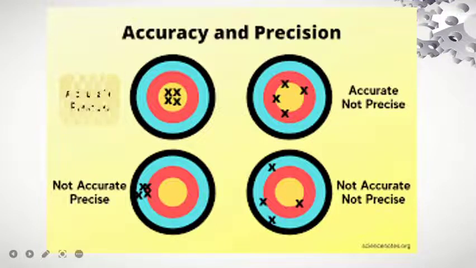Ito, accurate but not precise. Kung nakikita nyo. Kasi may pagkapantay-pantay sila, nakapaligid sila sa bullseye, pero hindi sila precise, hindi sila magkakalapit. I hope you all get my point. Next. The last one, accurate and precise. Bukod sa magkakalapit sila, nakapasok sila lahat sa bullseye. I hope you get my point.